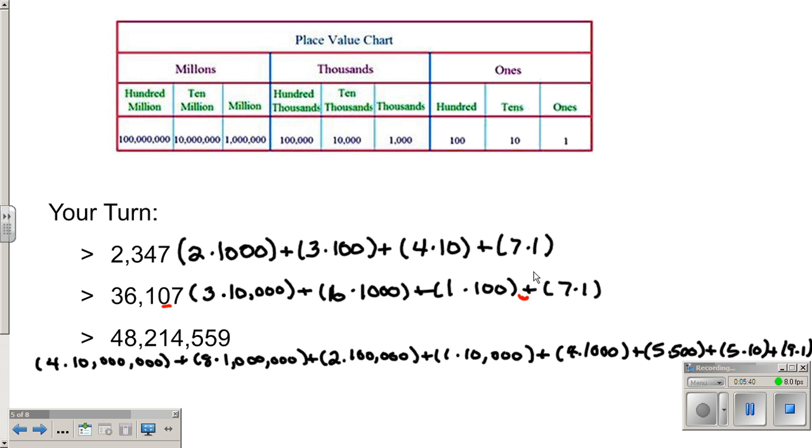So we can leave that out. In the bottom one, we have 4 times 10 million, plus 8 times 1 million, 2 times 100,000, and so on. This one is obviously quite long due to all the numbers, and later in our unit, we will talk about how we would be able to write that a little bit differently.